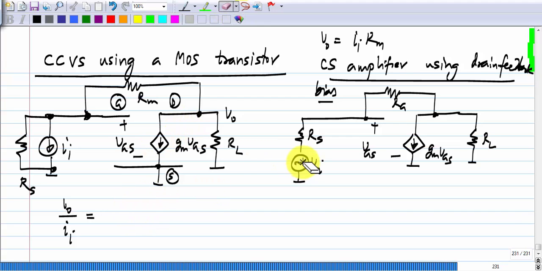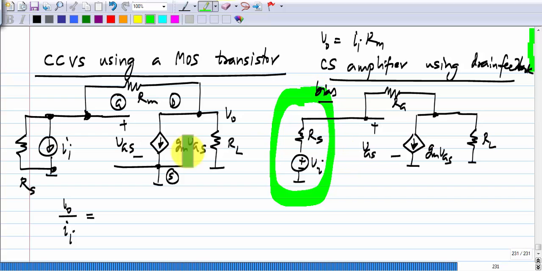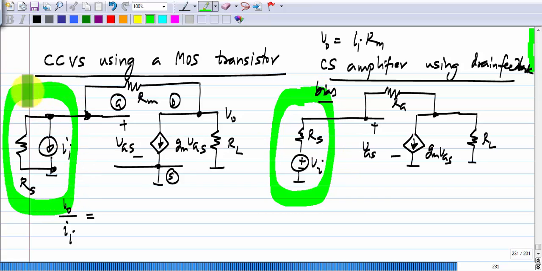Now, how do I relate these two? This part here, Vi and Rs, is the same as that part. These two will be exactly identical to each other if Vi equals minus II times Rs. What I mean is, this current source in parallel with Rs will be the Norton equivalent of this voltage source in series with Rs if Vi equals minus II Rs.